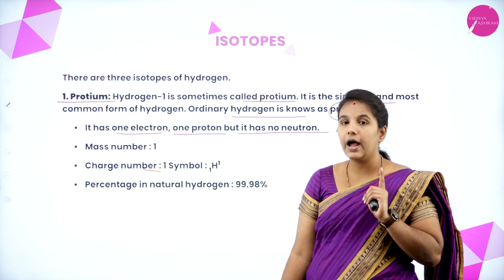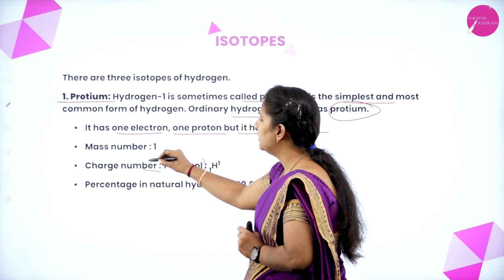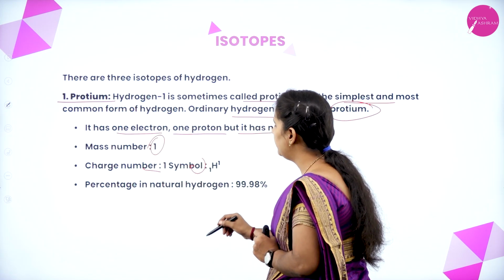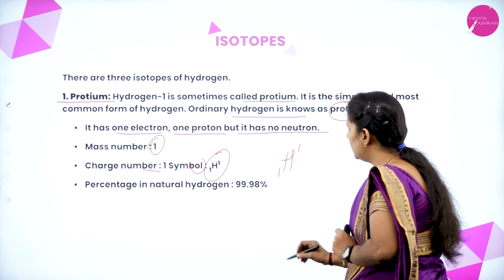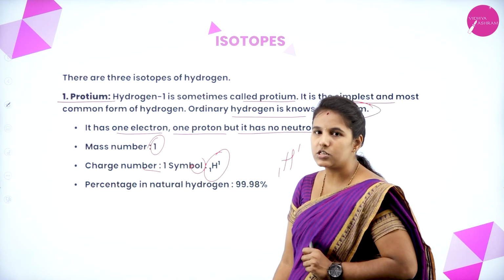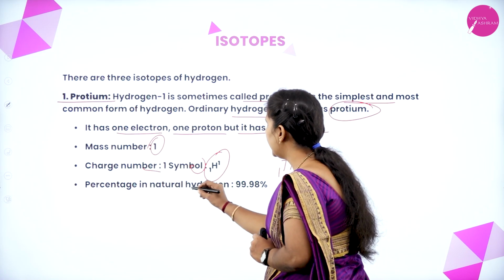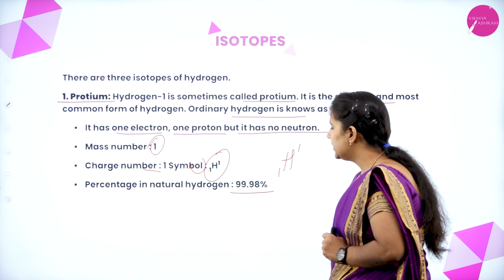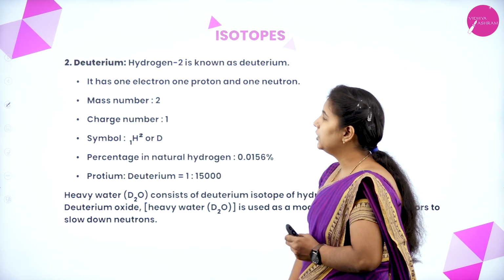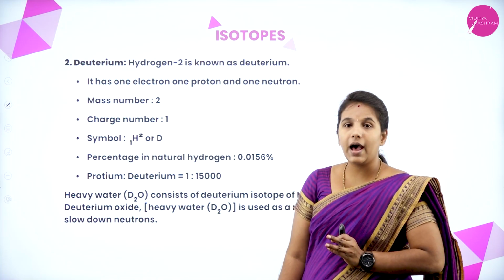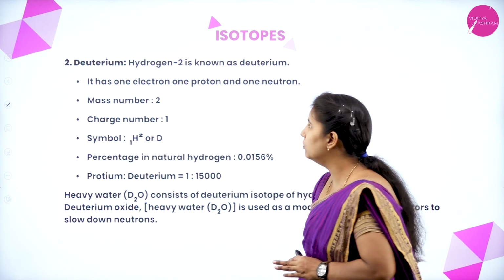Hence it is known as hydrogen 1 or protium, having mass number 1 and charge number 1, and it is written as H1. The percentage of naturally occurring protium is 99.98%.